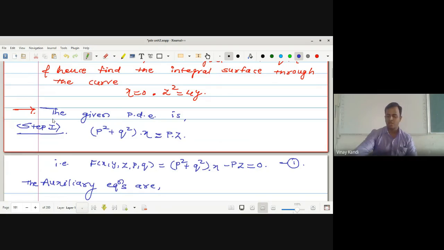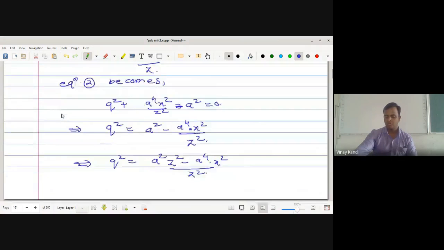Okay, in step 2, we have to find the relation between arbitrary curve.